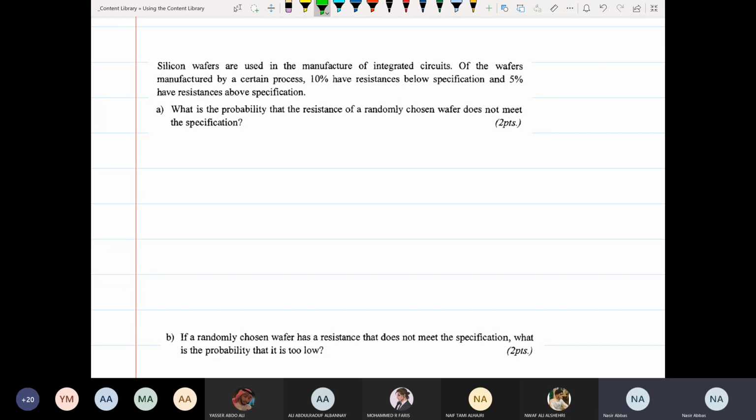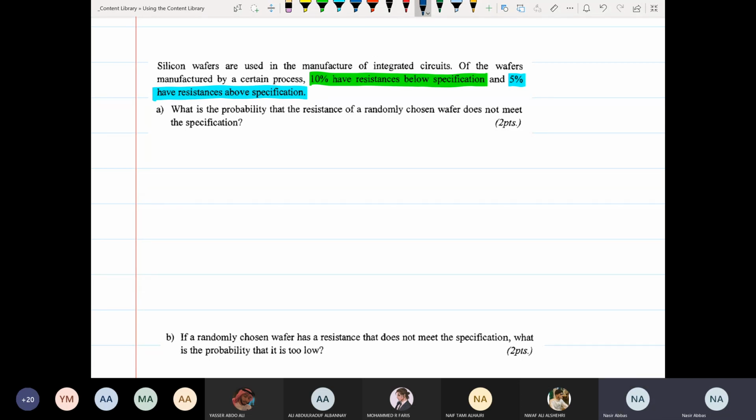It says that silicon wafers are used in manufacturing of integrated circuits. Of the wafers manufactured by a certain process, 10% have resistance below specification. I'm going to highlight this information. 10% have resistance below, 5% have resistance above the specification.